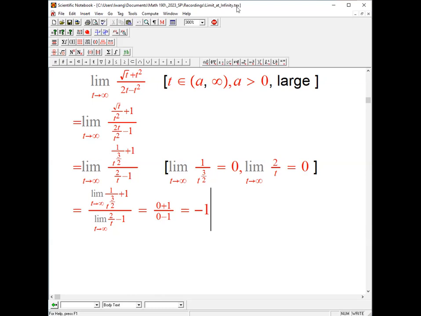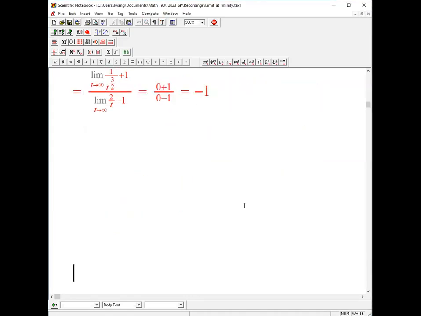Okay, let's look at another one. This other one I wish to go over is actually more of an algebraic technique. So when we take the limit as x approaching positive infinity, we have the square of 2x squared plus 1, and then squared.